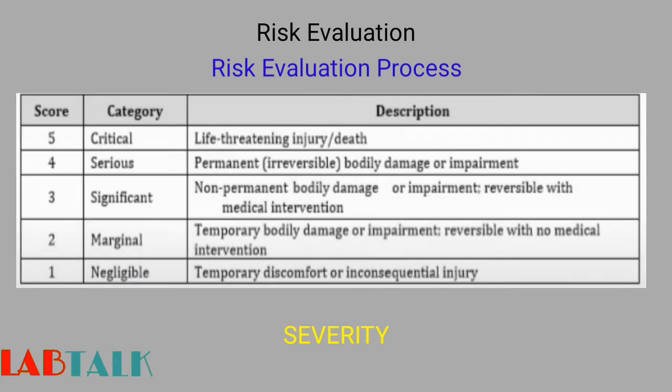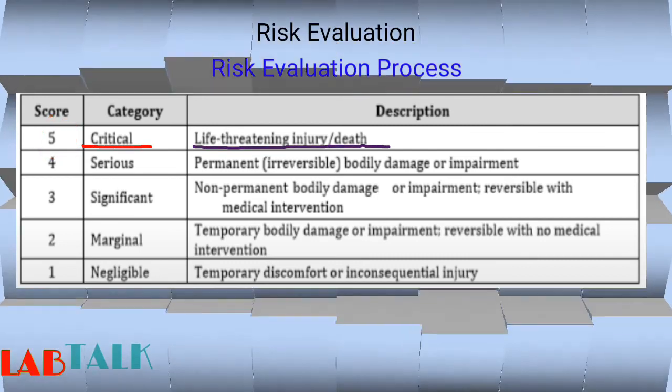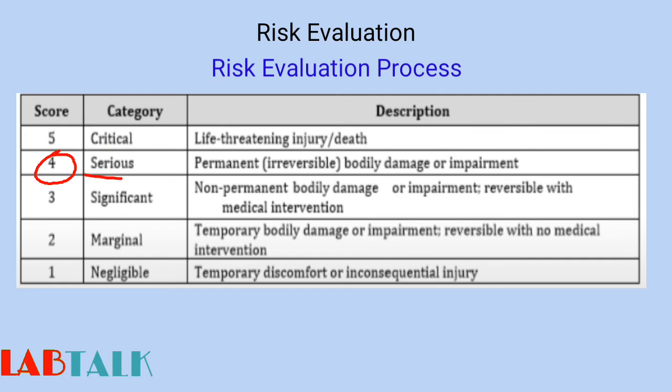Now the next scale is the severity of harm scale, or the severity of the harm which can be caused by the risk involved. Here again the scores are given from 5 to 1, 5 being very critical, which can be life threatening or injurious to health. A score of 4 means a serious event which can cause permanent or irreversible bodily damage or impairment. Score 3 is significant and causes non-permanent bodily damage or impairment, reversible with medical intervention.